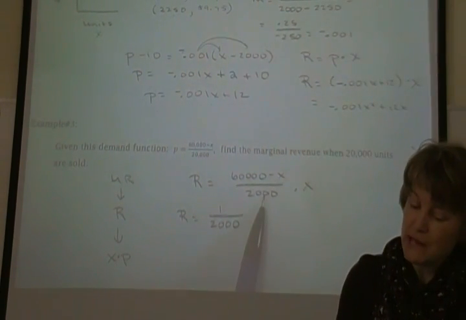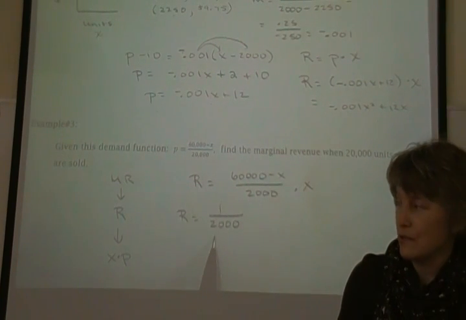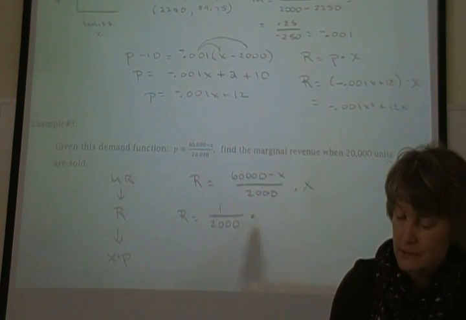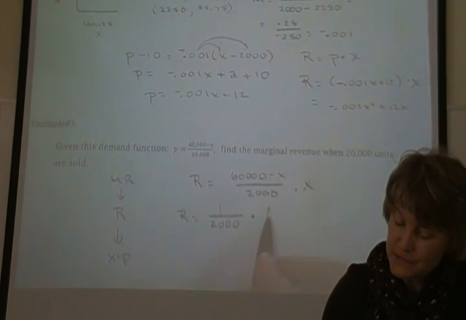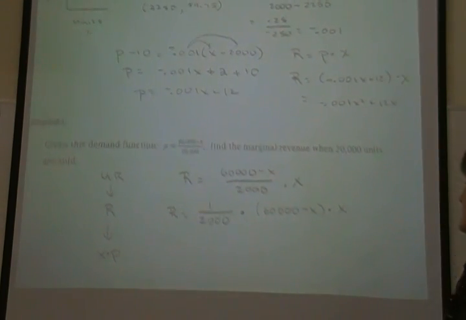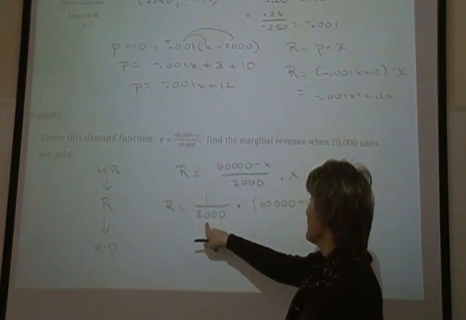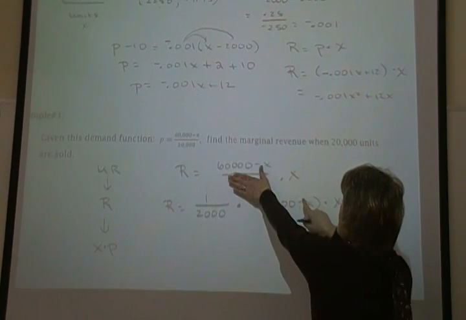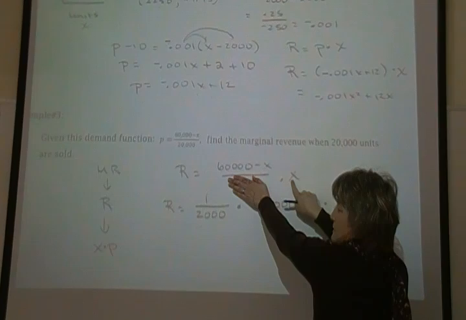And if you have 2,000 in the denominator, it's the same thing as 1 over 2,000 times what comes next. So I can think of this fraction like this. I can pull that fraction, the constant part of it out, and make it 1 over 2,000. And then what's left, my 60,000 minus X, can get multiplied by X.